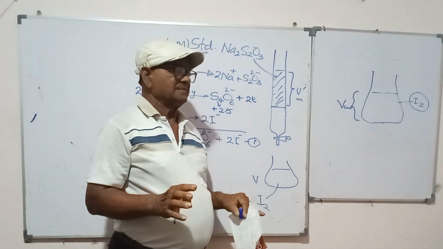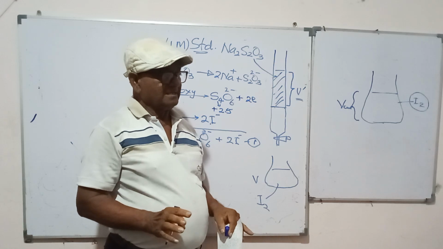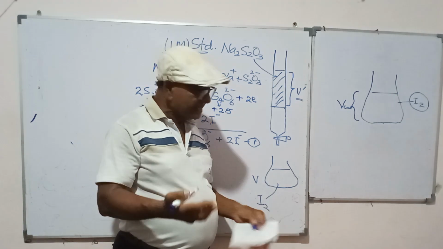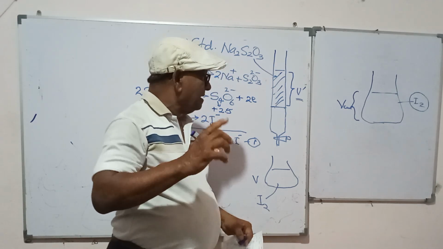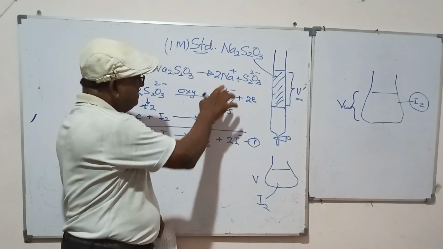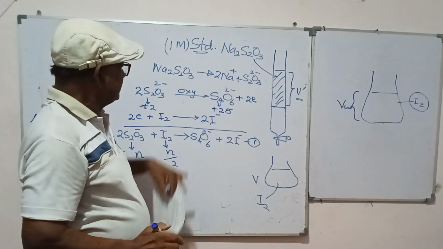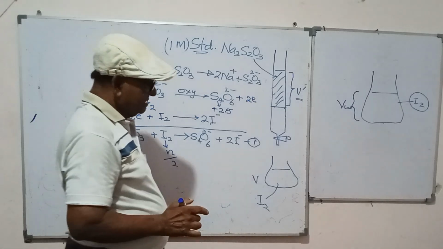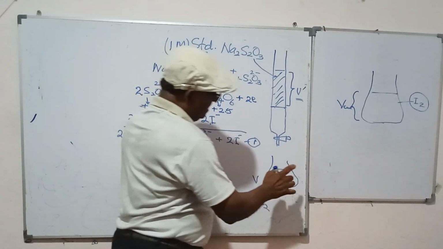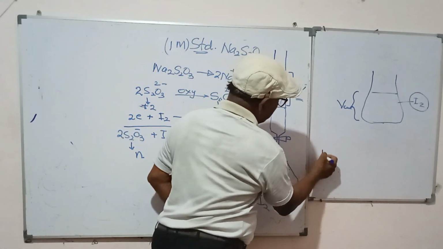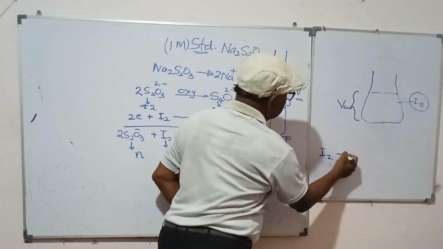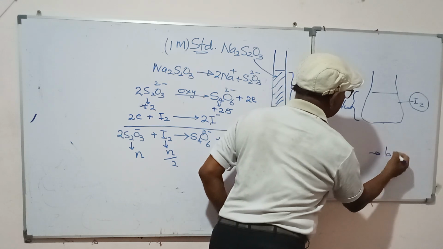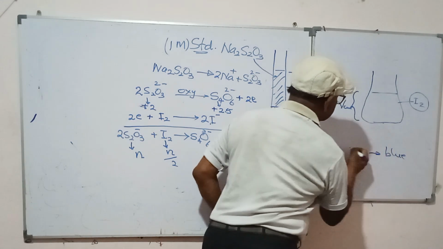According to the color change, we can take the readings. But here it is not an acid-base titration. Thiosulfate reacts with I2. In this case, you know that I2 gives a blue color with starch.